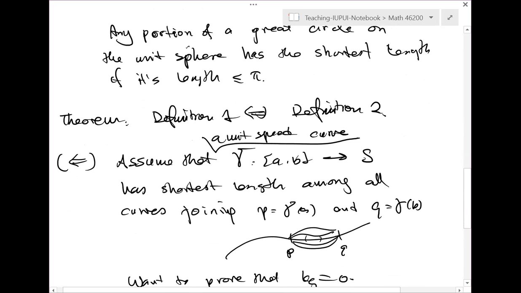But what I want to prove here today is that if a unit speed curve is locally minimizing, then its geodesic curvature must be 0.